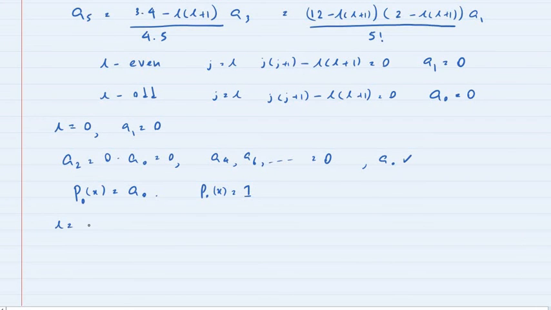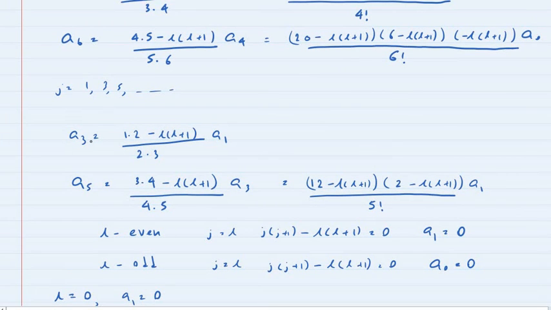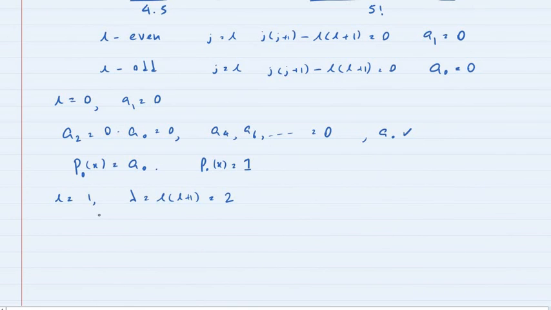When L is equal to 1, lambda is equal to L times L plus 1, which is equal to 2. When observing A3, we can see A3 becomes 0 when L is equal to 1, which means A3 is equal to 0, A5 is equal to 0, and all the odd numbered values are equal to 0.